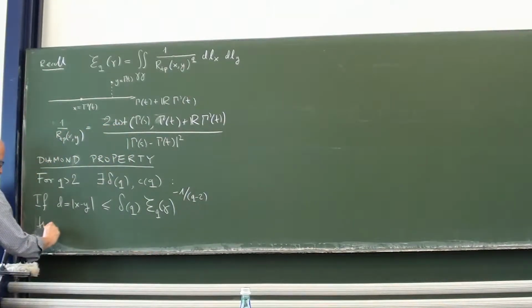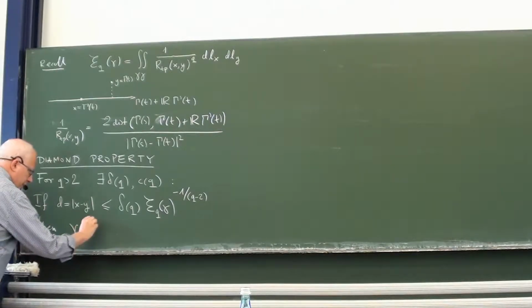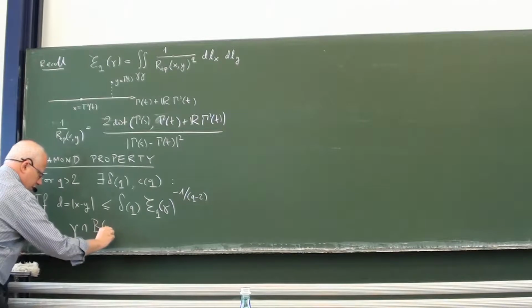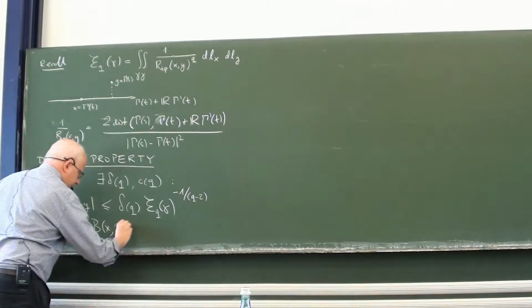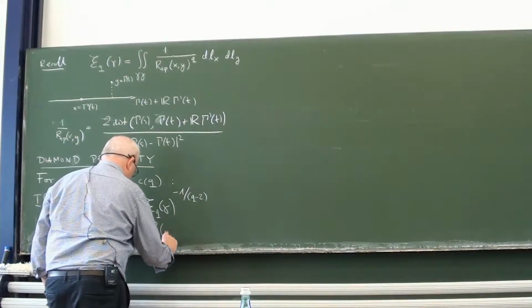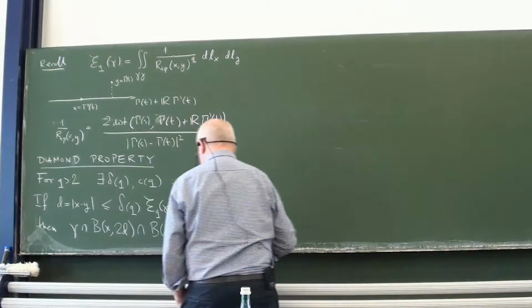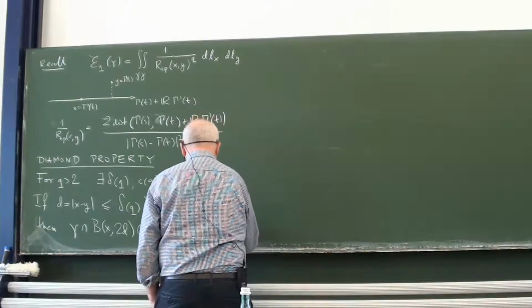then I will make a picture in a second. Gamma intersected with the ball with center x and radius 2d and intersected with the second ball with center y and radius 2d is contained in the intersection of two cones.